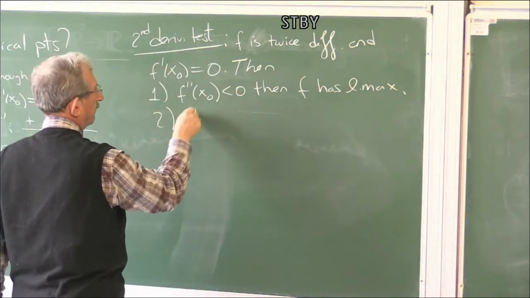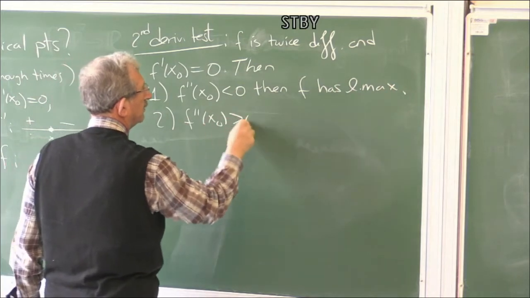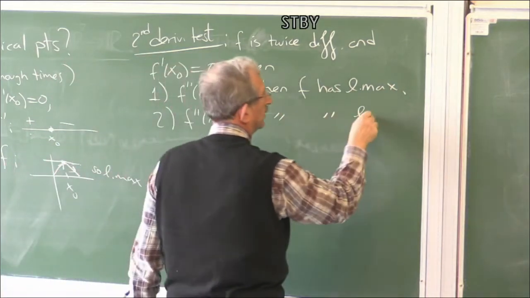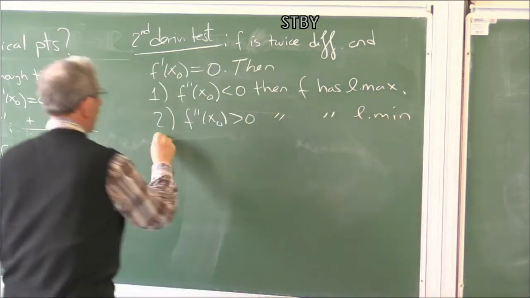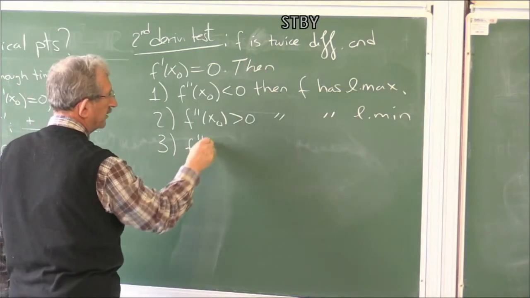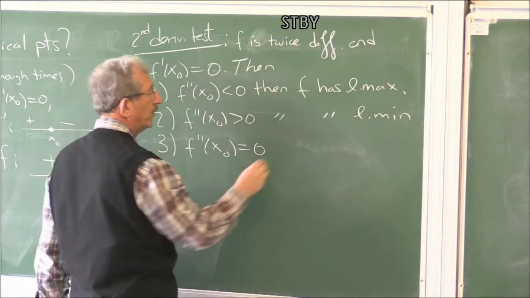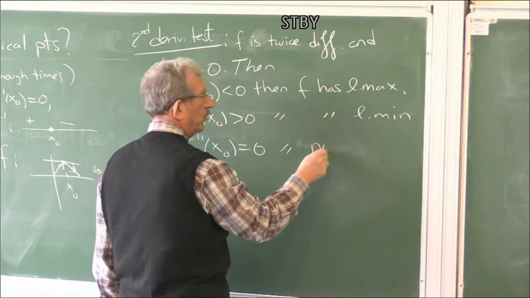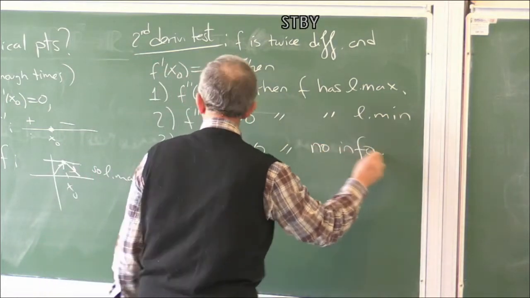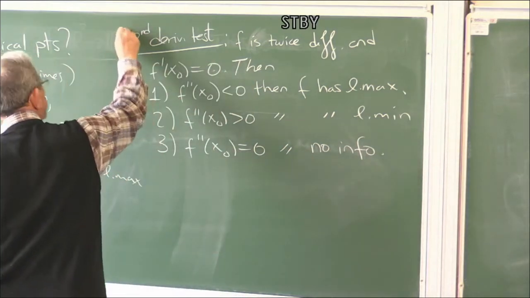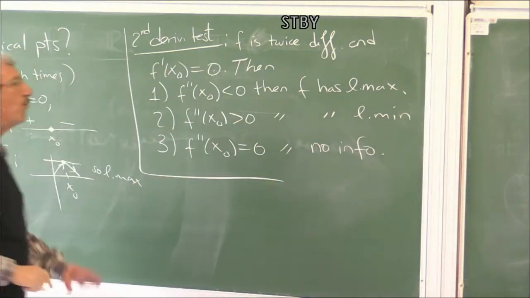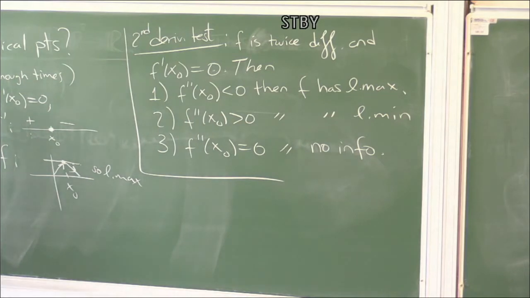And if this is positive, then f has a local minimum. And if the second derivative is 0 as well, because the first one was 0, then no info. So this is what we have from the one variable second derivative test.